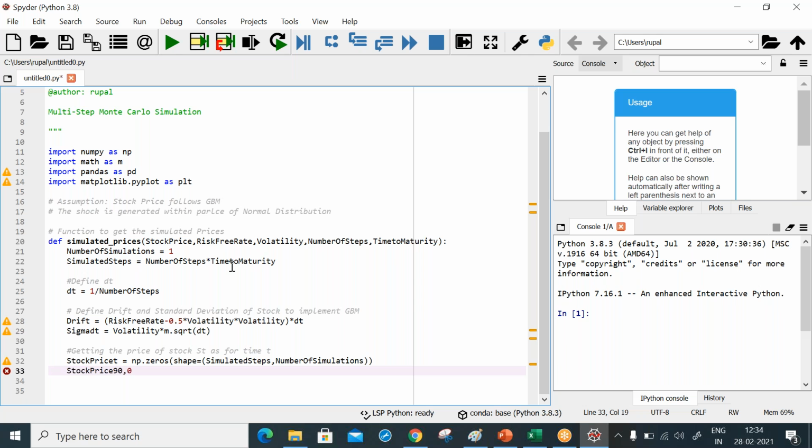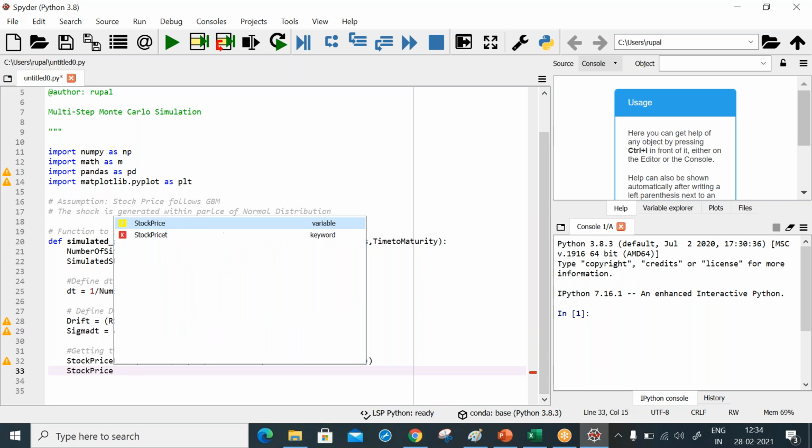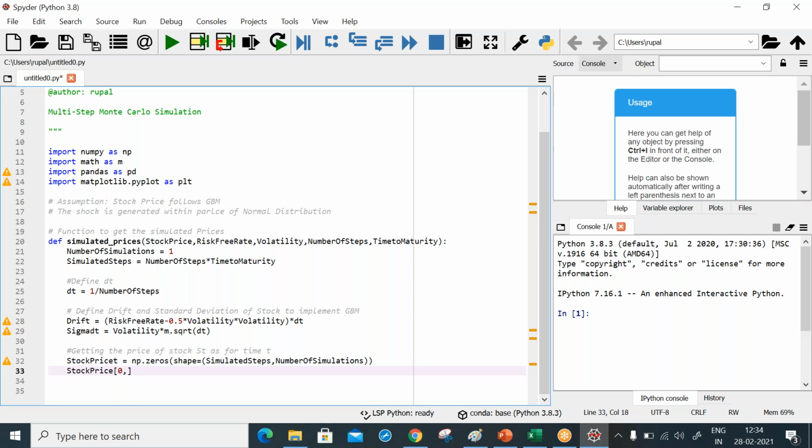0, comma, stock price 0, comma, stock price T is equal to 0, comma.